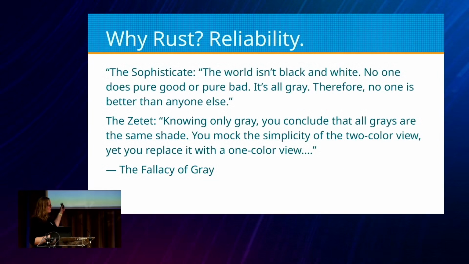Okay, so this is my last slide about unsafe. So this is a quote I find kind of interesting, so let me just read it. So the world isn't black and white. No one does pure good or pure bad. It's all gray. Therefore, no one is better than anyone else, right? But, and that's kind of what I'm hearing when people say, you have unsafe code, so therefore you lose everything you have.